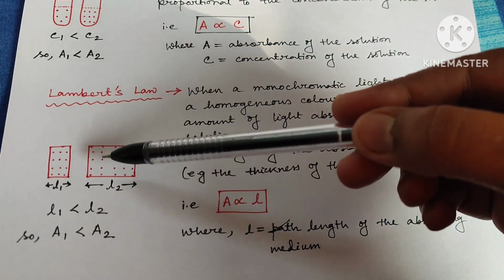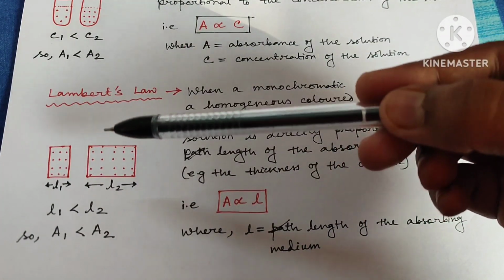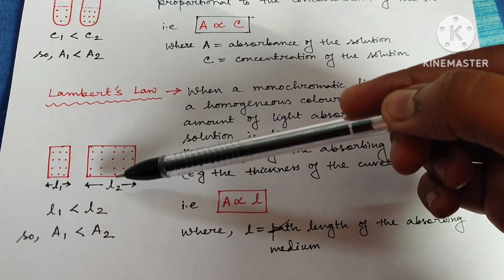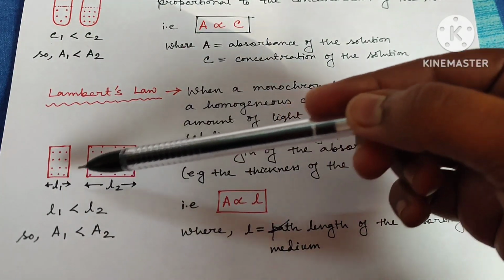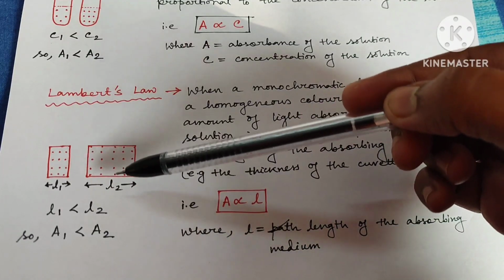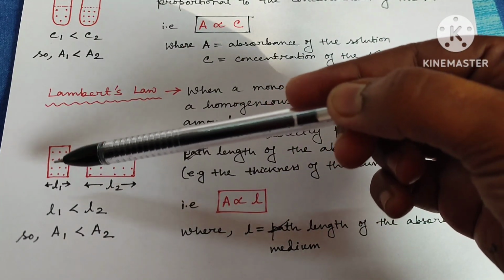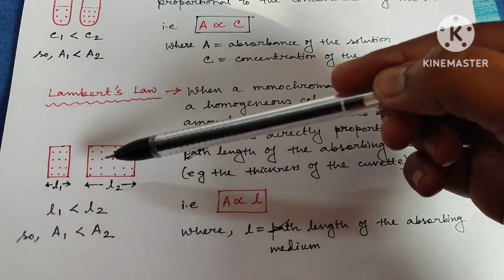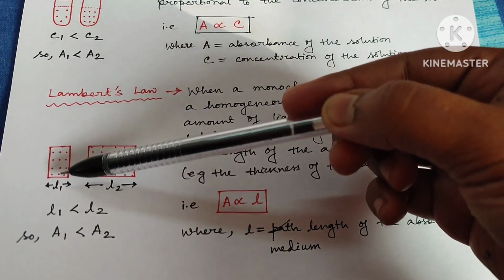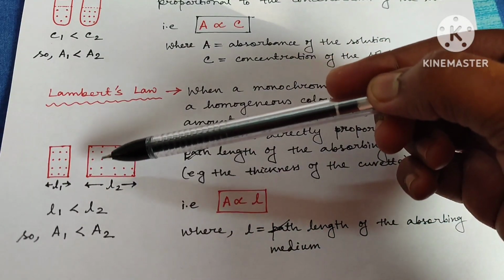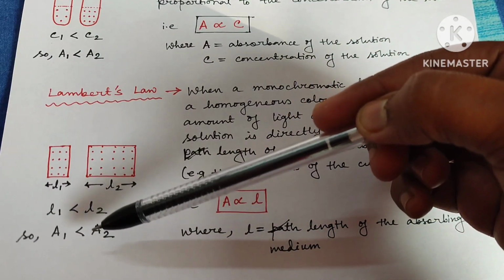Let's say these are two cuvettes inside which our solution is present. The length of this cuvette is L1 and this cuvette is L2. L1 is lesser than L2. So whenever light passes through this cuvette, it has to cover lesser length than the other cuvette, so light will be absorbed lesser in this cuvette. So A1 will be lesser than A2.